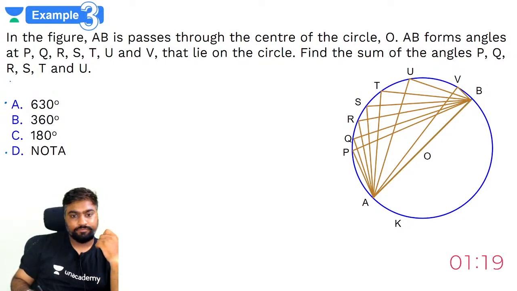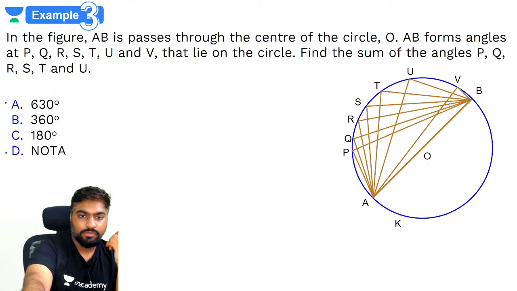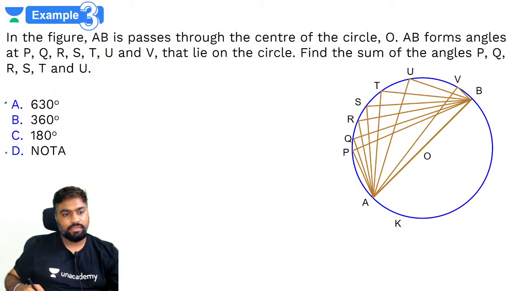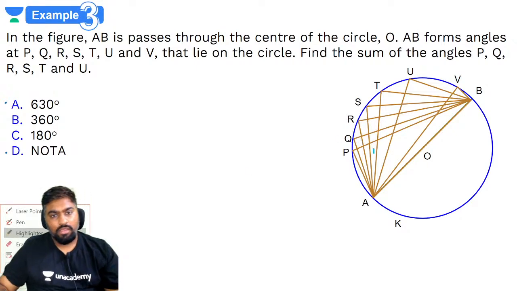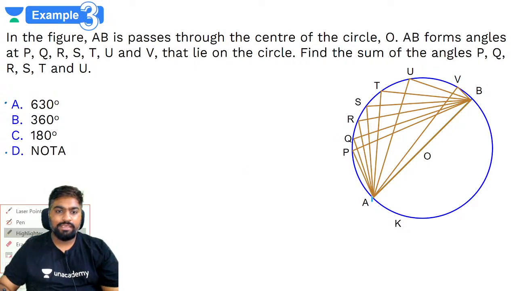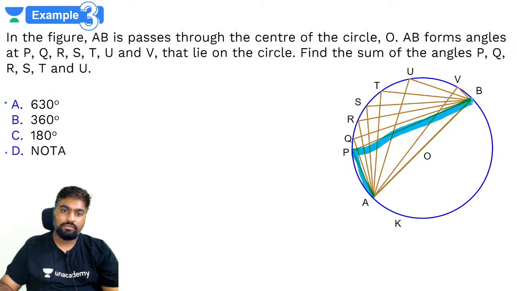So here in this question, 540 is right. 540 is the right answer. In this question, see, if I say AB is an arc, then this angle is formed from the same arc, correct? Same arc as what? As this angle being formed.